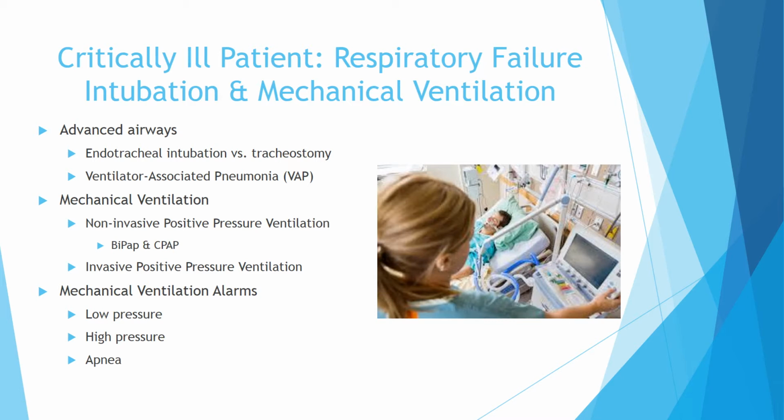Okay, if they do need suctioning, then what they typically recommend is hyperoxygenating them. So that simply means give them 100% of oxygen. Okay, if they have an endotracheal tube, you will have them hooked up to a mechanical ventilator, and you can simply just push a button on the mechanical ventilator that gives them 100% of oxygen.